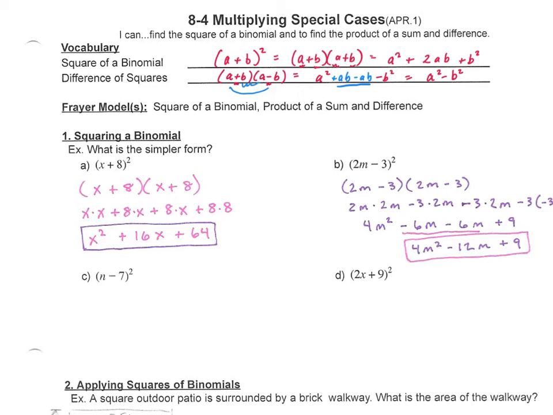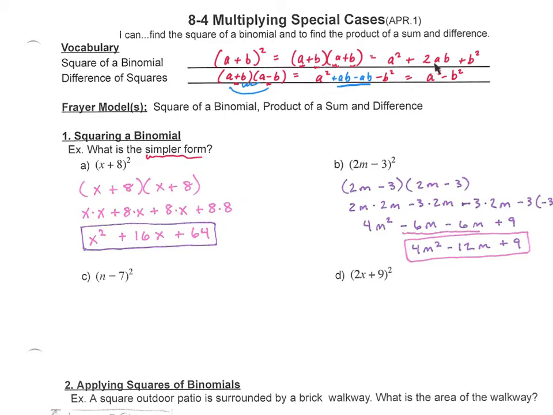As we talk about these special cases, squaring a binomial, I've already shown you that example up top, where x plus 8 squared is x plus 8 times x plus 8. Using the FOIL method, I have the first, x times x, plus x times 8, plus 8 times x, and then plus 8 times 8, which gives me, when I combine like terms, x squared plus 16x plus 64.